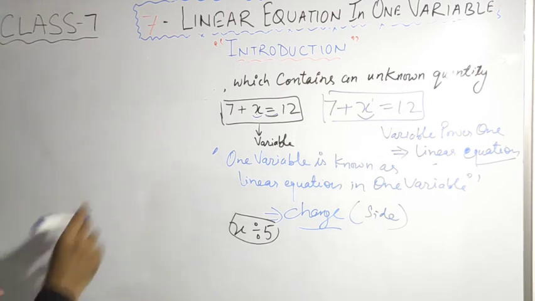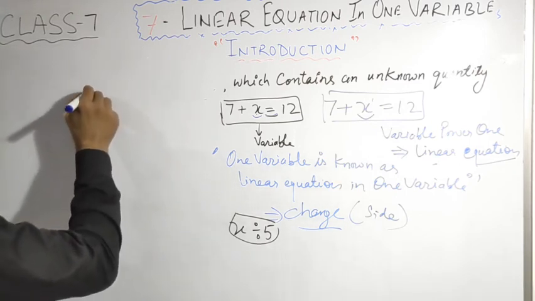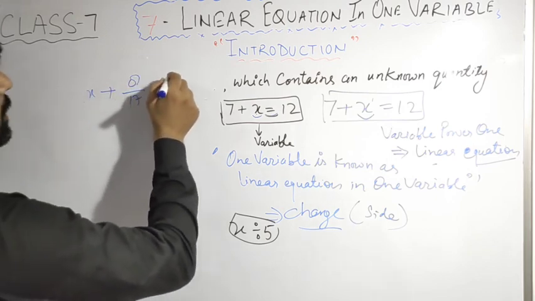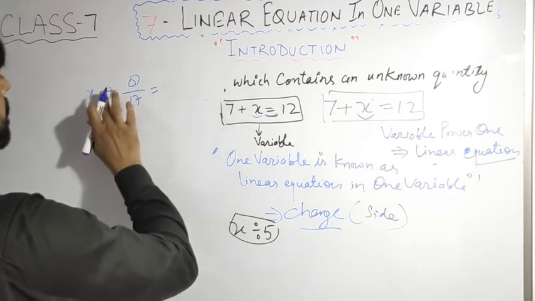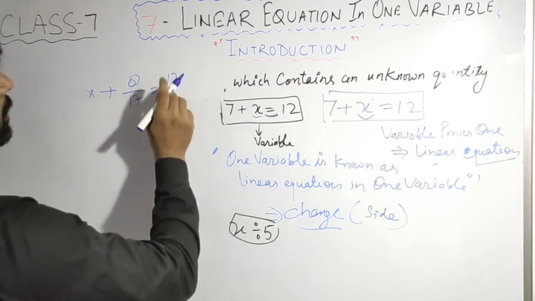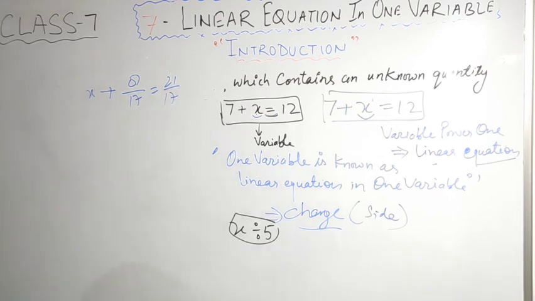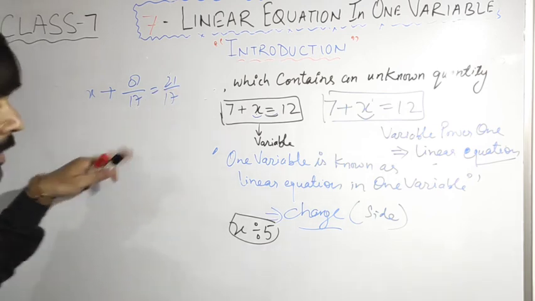Now the next example is x plus 8 upon 17 is equal to 21 upon 17. Okay, this is the fraction form. So how can we solve?